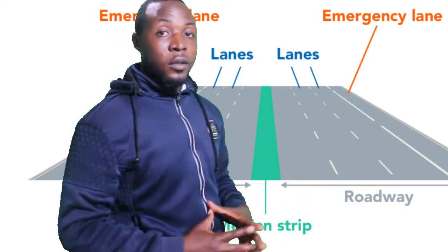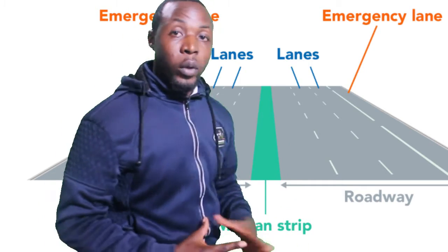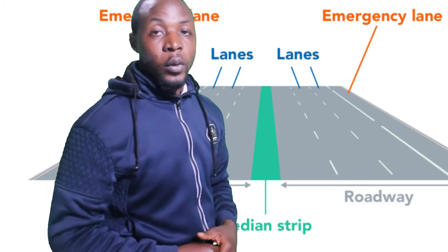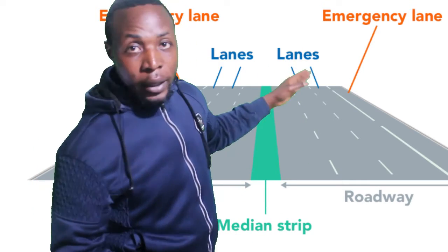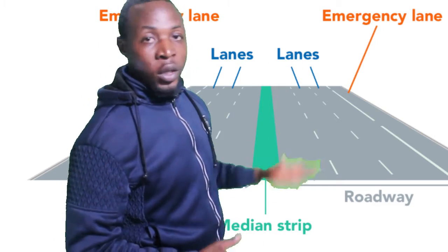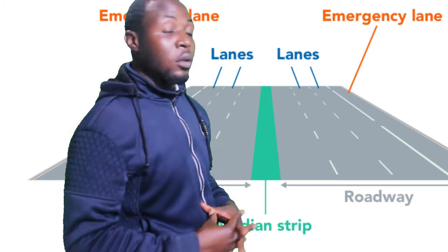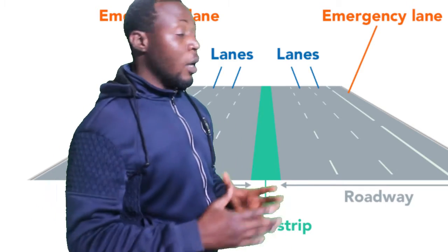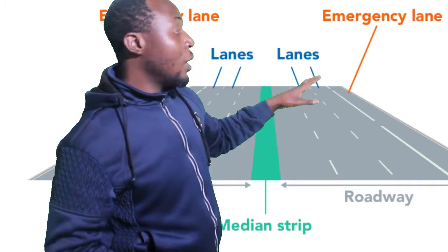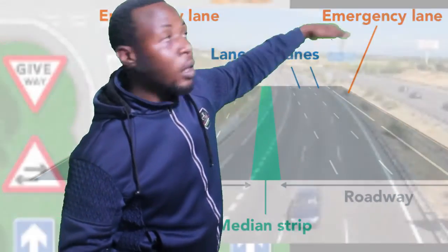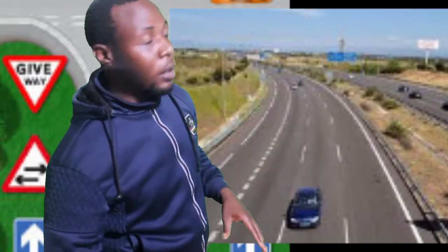In the next video, we shall be talking about the level crossing, but let me first add the express road into this video. When we are talking about the express road, it is nothing difficult. An express road means that at least three vehicles should be moving in one direction, and at least three vehicles should be coming in the other direction.